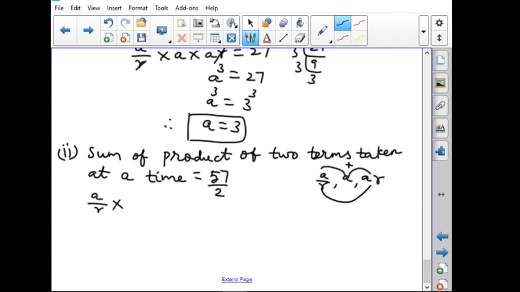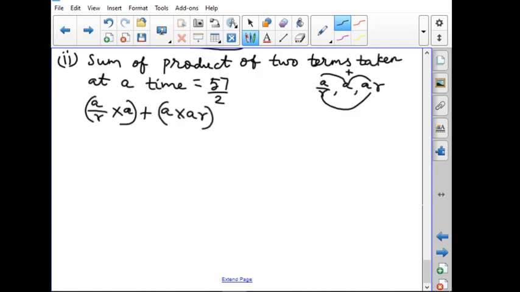So we get A by R into A plus A into AR plus AR into A by R equal to 57 by 2.